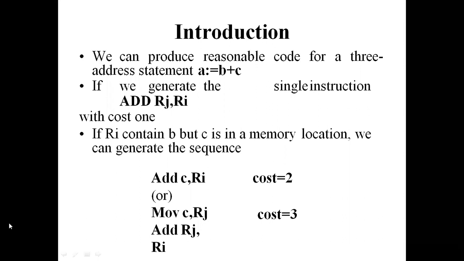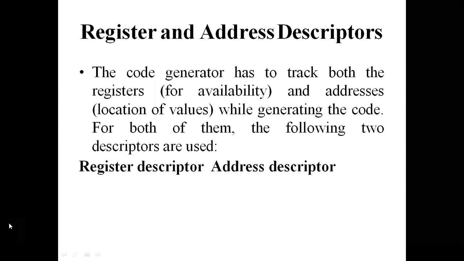Here we have two types of descriptors. For the corresponding target code, the code generator algorithm uses descriptors to keep track of the register contents and the addresses for names. The first one is a register descriptor, and the second one is an address descriptor.